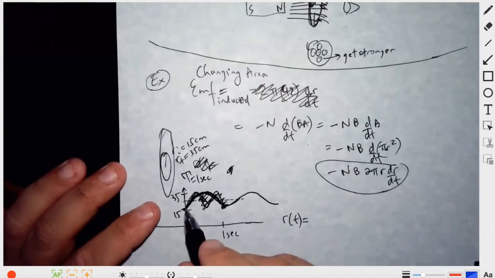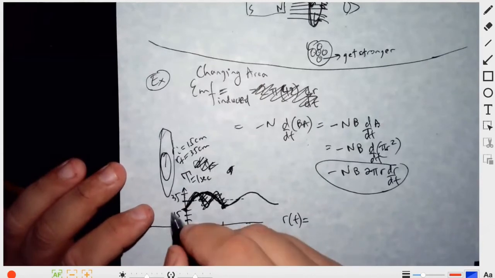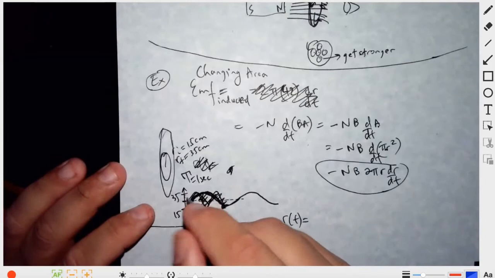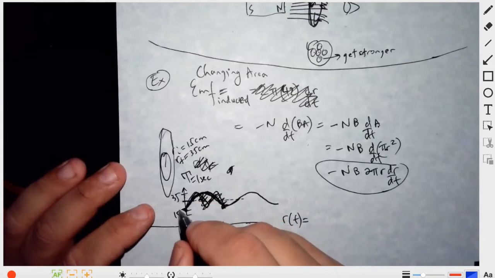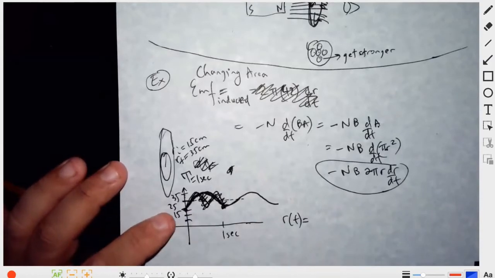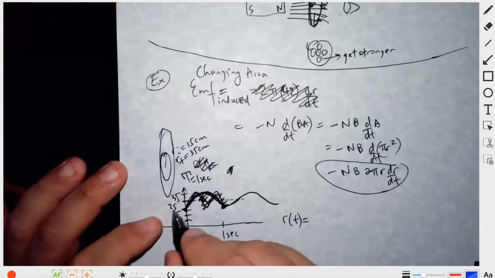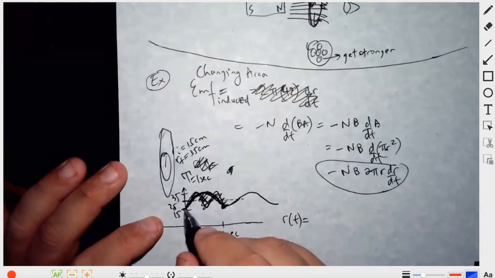Let's see here, the average values. So the average value is 25 with an amplitude of 10.